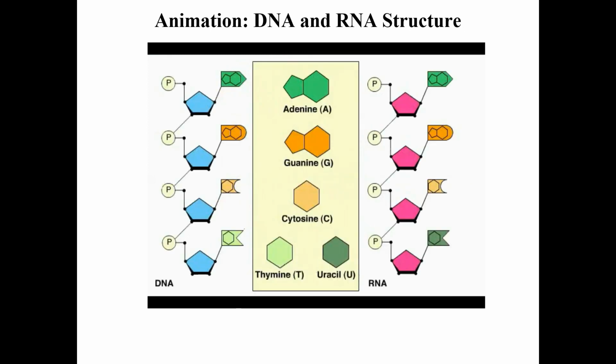DNA and RNA are each composed of 4 different nucleotides, which differ in their nitrogenous bases. 3 of the 4 bases are the same in DNA and RNA: adenine, guanine, and cytosine. The fourth base in DNA is thymine. In RNA, it is uracil.